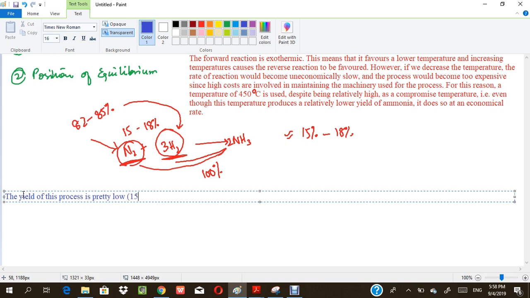It's around 15 to 18%. This means that 82 to 85% of the nitrogen and hydrogen remain unreacted at the end of the converting process.